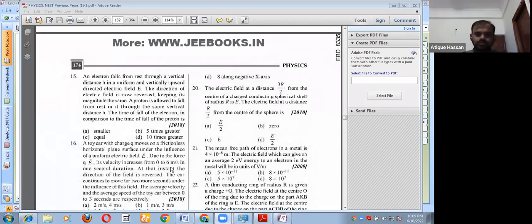There is no use of that E. Even if it had not been given, we can straightforwardly say that the electric field will be zero, since the distance r by 2 from the center itself means that the point is internal. So B is correct. Both of you got it. I think no need to solve it, right?